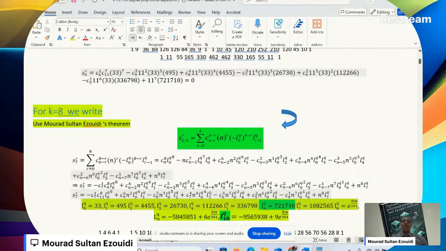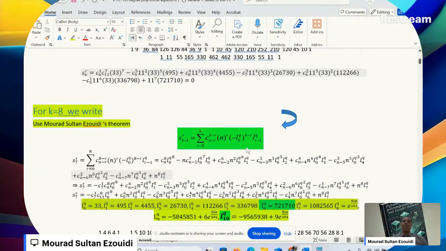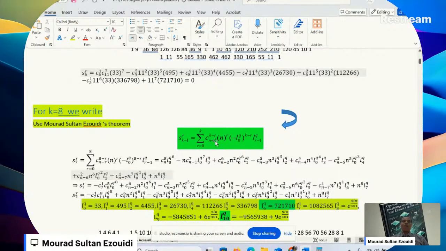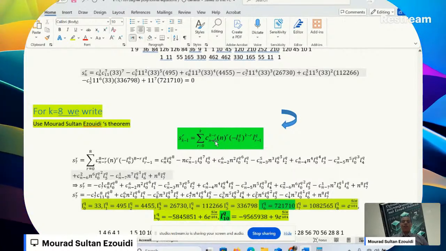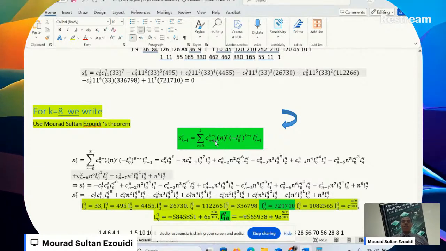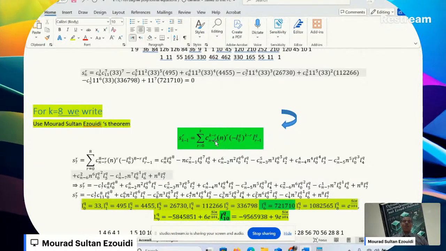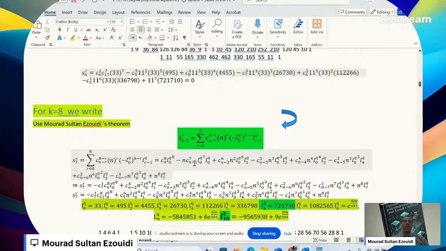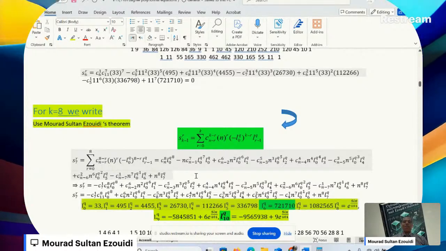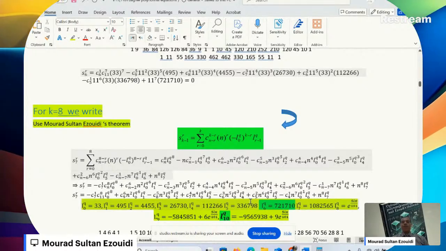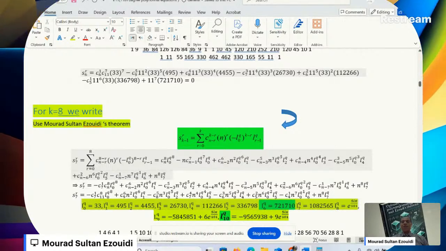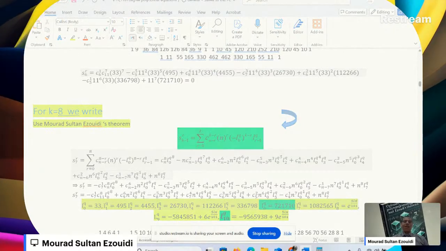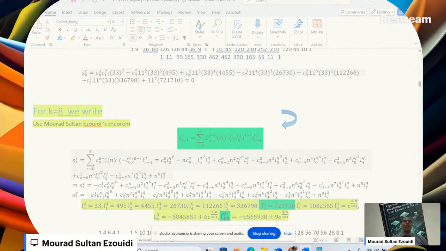This formula has been generalized from the theorem of Mourad Sultan Ezouidi after expanding the binomial coefficients, taking L0 to the power 8 as a common factor, and making the difference between these two binomial coefficients, and you will reach this formula.